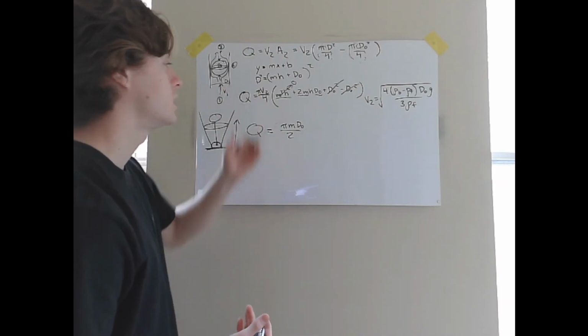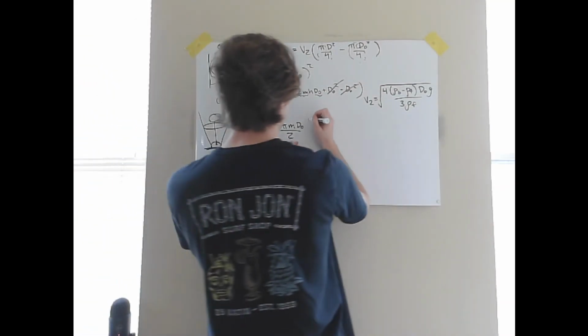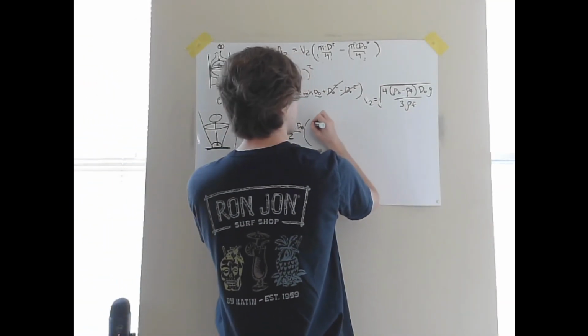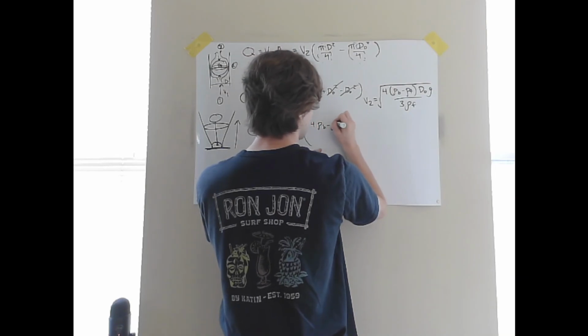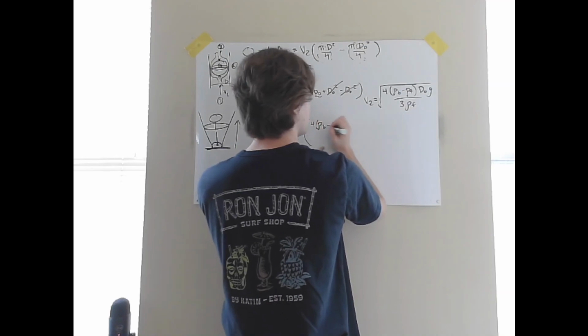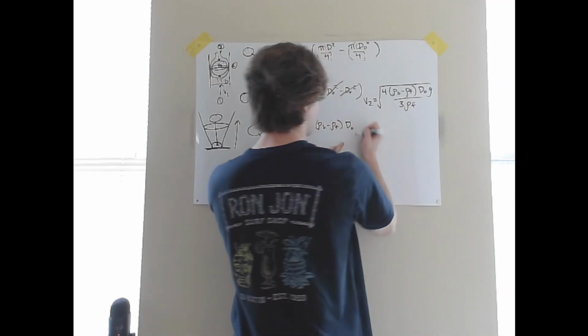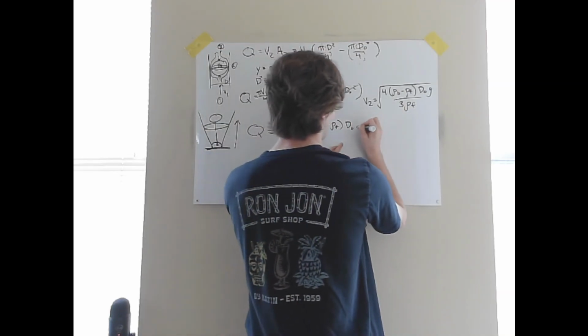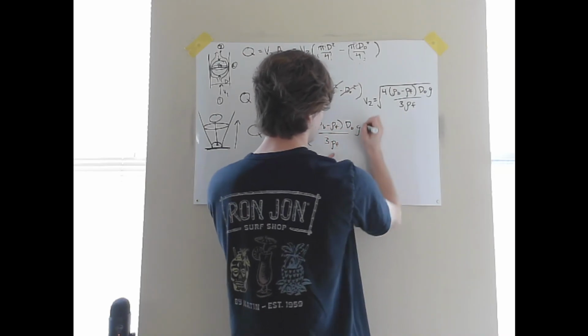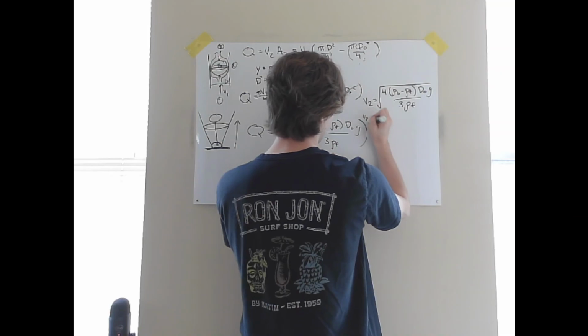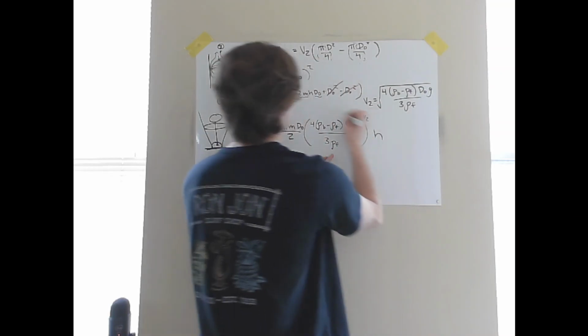And then we can go ahead and plug in this equation here, which is just 4 times the density of the ball minus the density of the fluid, times the diameter of the ball times gravity, divided by 3 times the density of the fluid, all raised to the 1/2 power, times h.